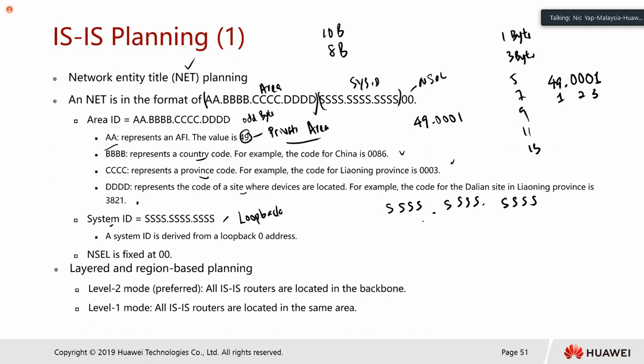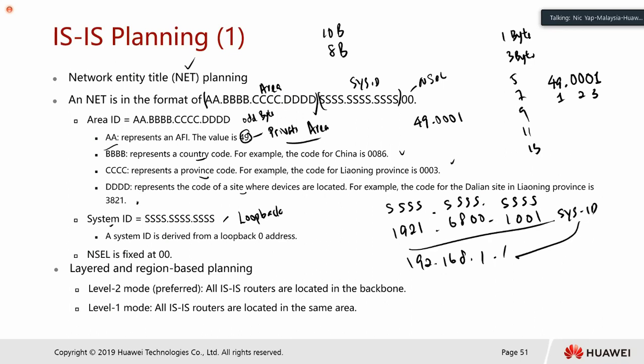Let's say you have an address of 192.168.1.1. Remember, I told you that every single octet you add up to 3 digits. Make sure they become 3 digits. So it becomes 192168001001, and this is my system ID. Referring to the IP address, I just add 00 in front and map it into my system ID, just without the dots.